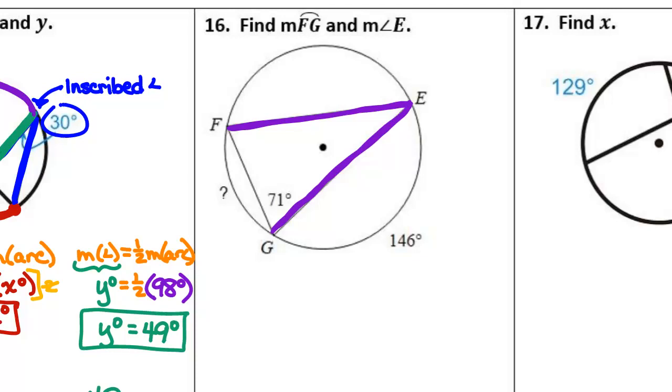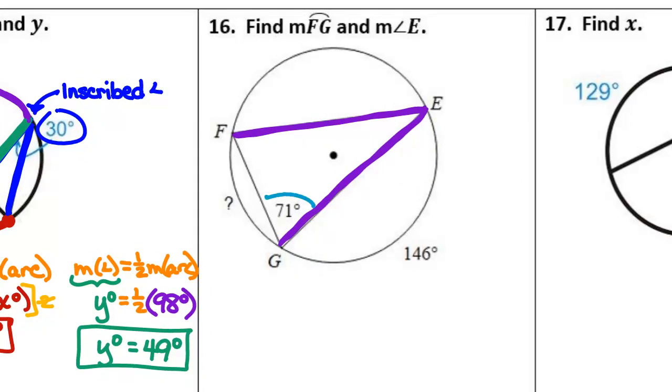So I'm kind of stuck right here, but I know all three angles in a triangle add up to what? Adds up to 180. I know angle G is 71 degrees. Do I have any other information on this picture at all? Yes. What do I have? 146, which is this arc right here.